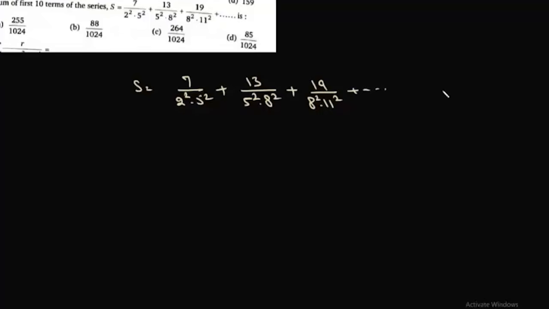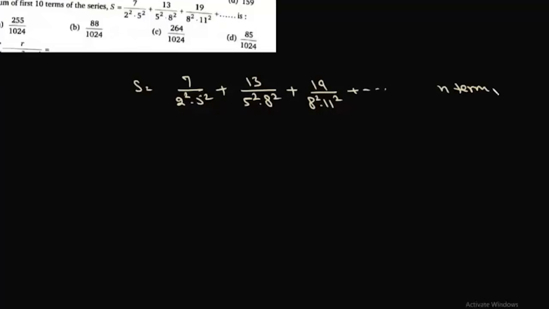Now let us take another question, and here the question is we need to find sum of first 10 terms of this series. Now what we'll do is, rather than finding sum of first 10 terms, we'll find sum of first n terms. Now we can have this series as 7 upon 2 square into 5 square plus 13 upon 5 square into 8 square plus 19 upon 8 square into 11 square up to n terms.